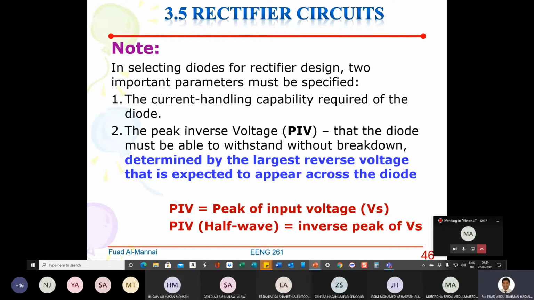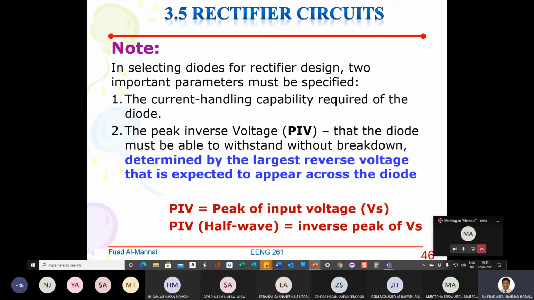Another parameter that should be considered is something called peak inverse voltage, better known as PIV. Very important. Where do you find the current handling capability and the PIV?